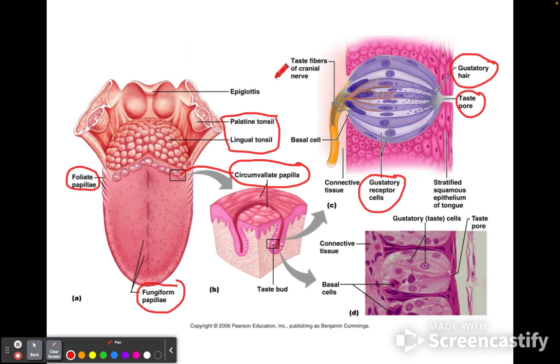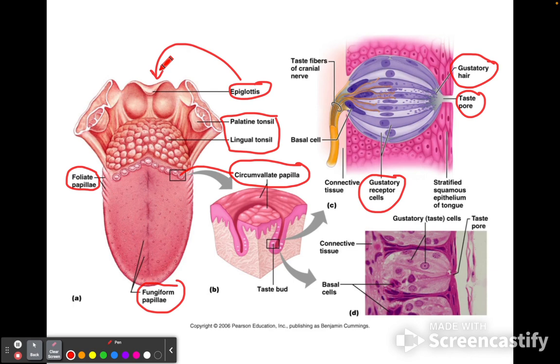This right here, the structure, the epiglottis, is a really important structure that closes over every time you swallow. You want food to go down your esophagus into your stomach and hitch a ride through the digestive system.